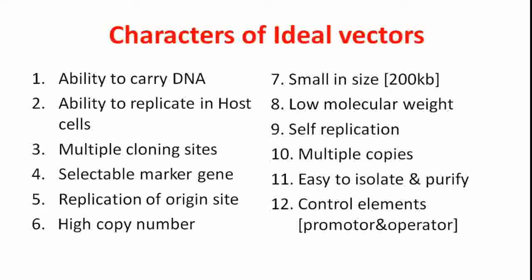So these are the qualities of a cloning vector. If you want to do cloning, the first and foremost thing is to select an ideal, suitable cloning vector. That suitable cloning vector must have all these characters.